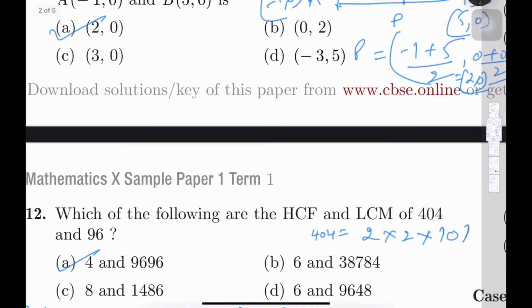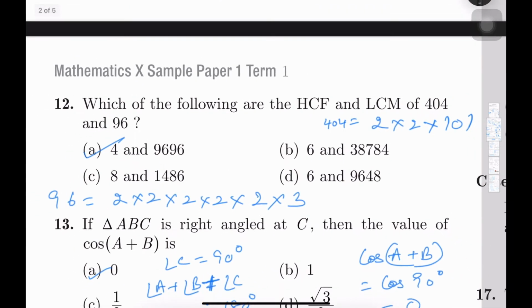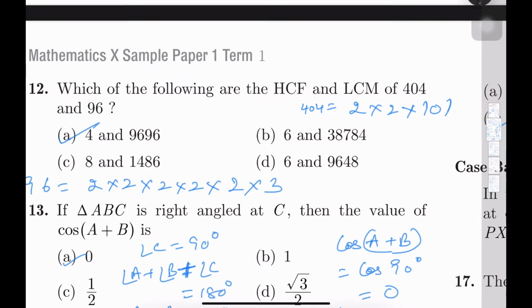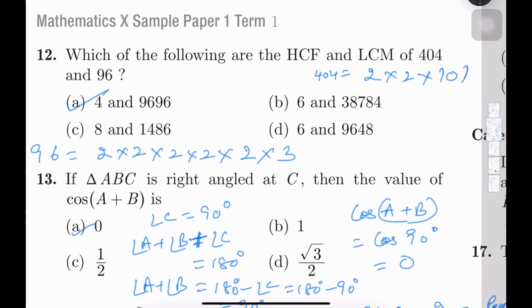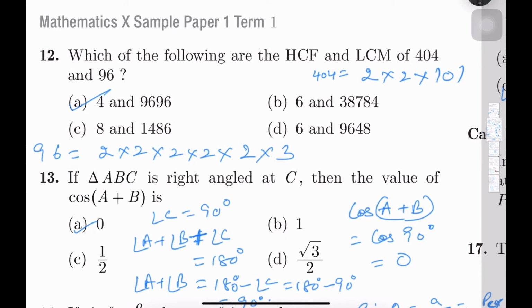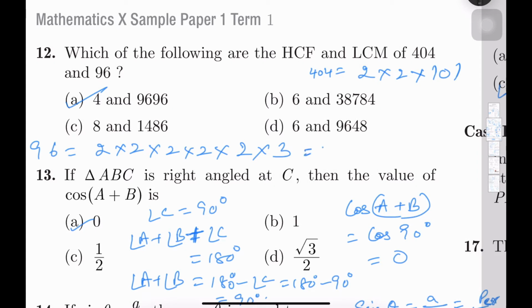Then going into the 12th question. Which of the following are the HCF and LCM of 404 and 96? So 404 can be written as 2 into 2 into 101, and 96 can be written as 2 into 2 into 2 into 2 into 2 into 3. That is, this is equal to 2 to the power of 5 into 3, and this is equal to 2 square into 101.